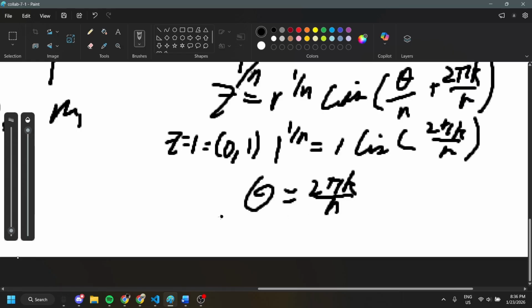So can we show that for integer values of n, if theta 1 is equal to theta 2.